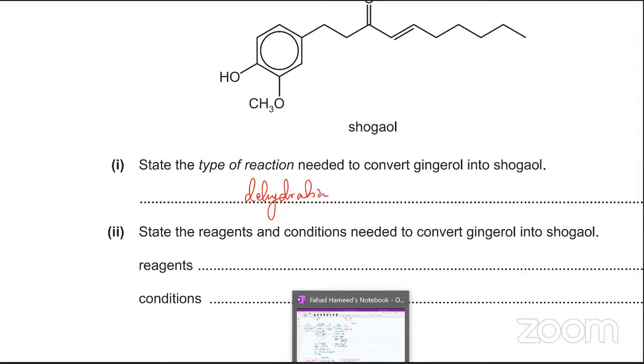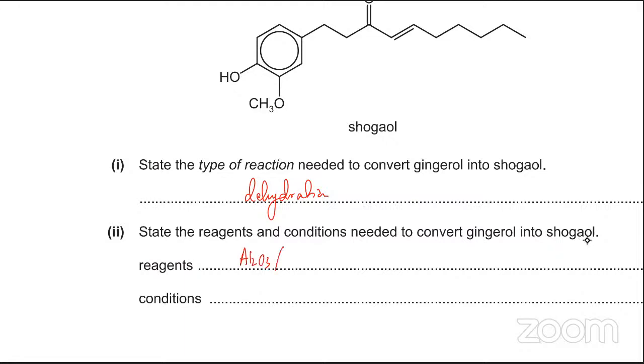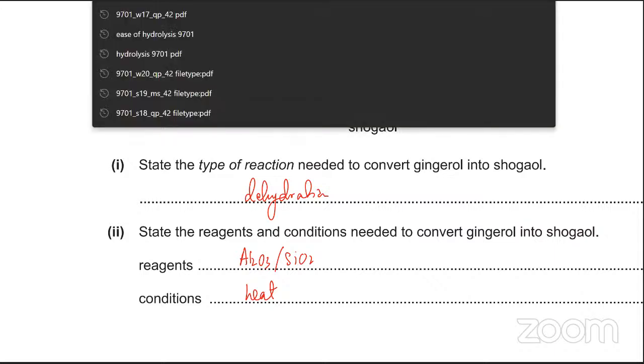Sir, which catalyst? Al2O3 and SiO2. So the reagents are Al2O3 and SiO2, and the conditions are you would have to use heat. Let's just open a marking scheme as well.